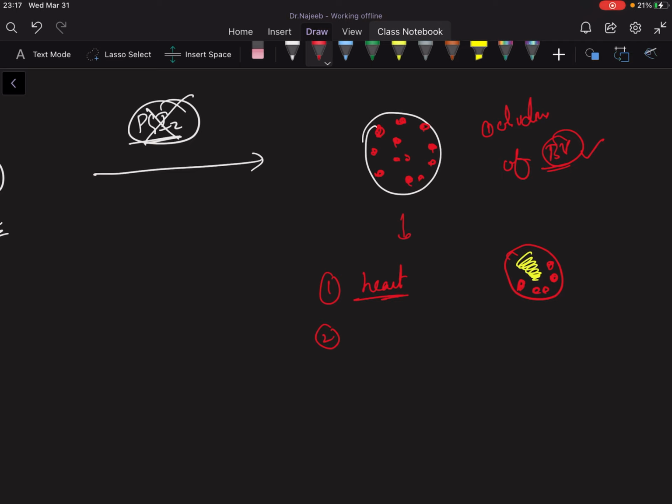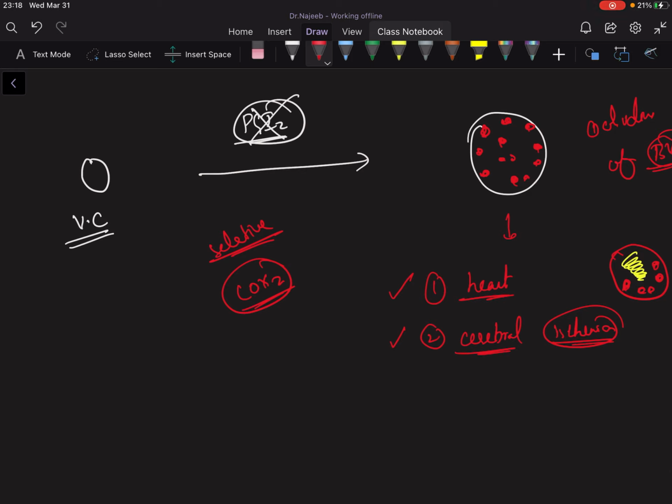So these kinds of inhibitors, selective COX2 inhibitors, are contraindicated in patients with heart disease and patients with cerebral ischemia, or anything related to cerebral occlusion. Okay, so that was about prostaglandin I2. Prostaglandin I2 mainly causes vasodilation and inhibits platelet aggregation, but we are inhibiting the COX2 pathway. So what will happen? There is vasoconstriction and platelet plug formation, right?